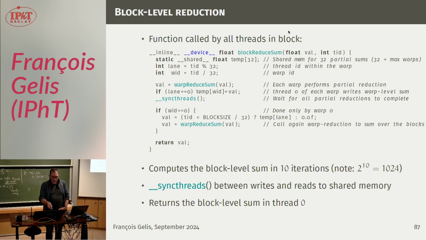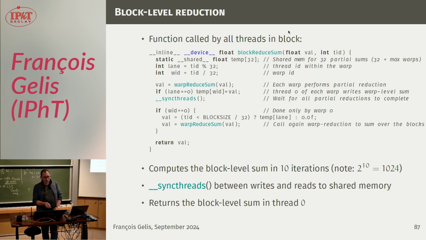And the second line is taking the integer division of the thread index by 32, and that is a number that tells you which warp we're talking about. So thread 0 is in warp number 0, and it has thread index 0 inside this warp, and thread 35 is in warp 1, and it has thread index 3 within that warp.